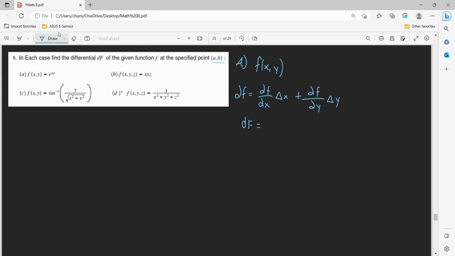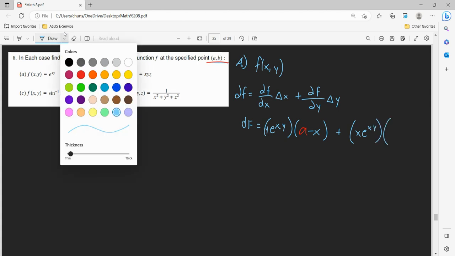So this would equal e to the xy times y, and we're going to be using our points here. So this will be a minus x, and now this is plus x e to the xy, and this is b now minus y.